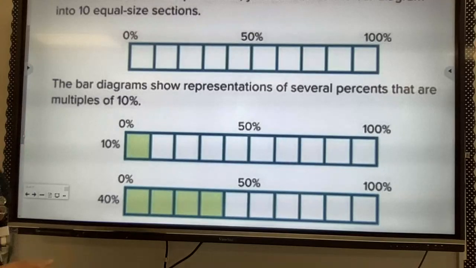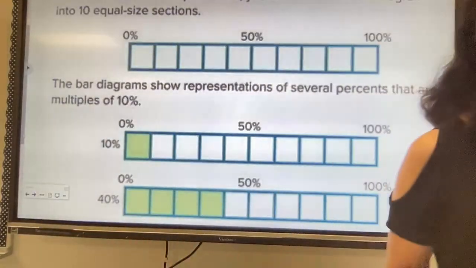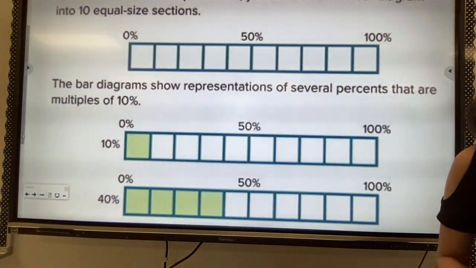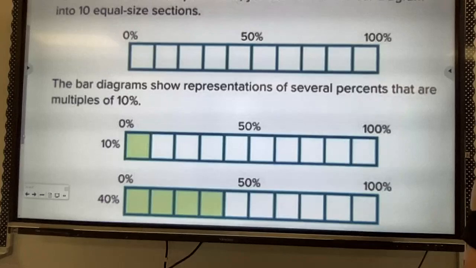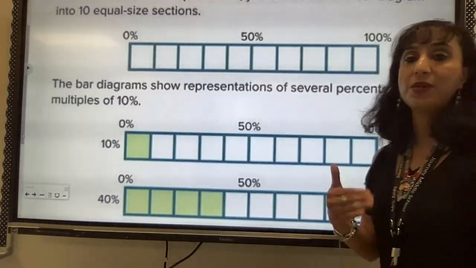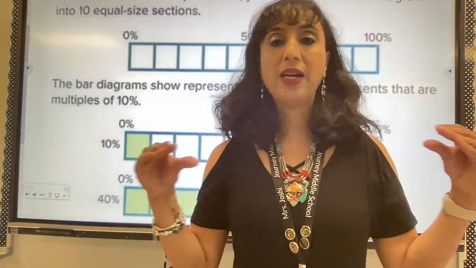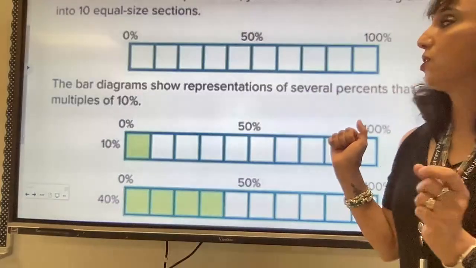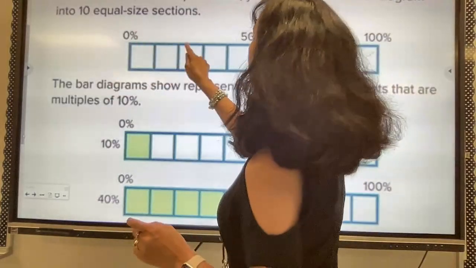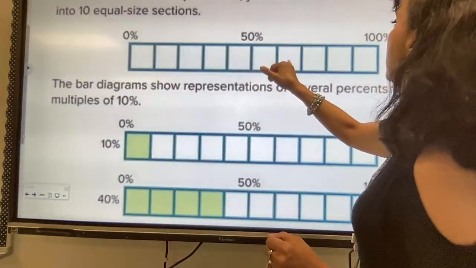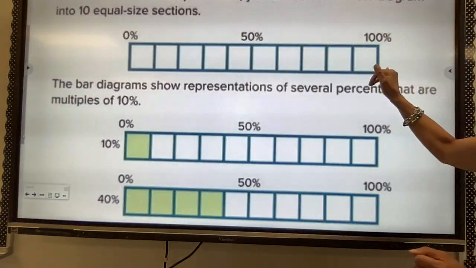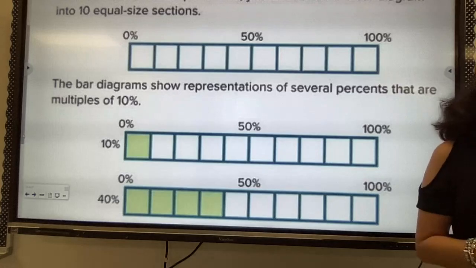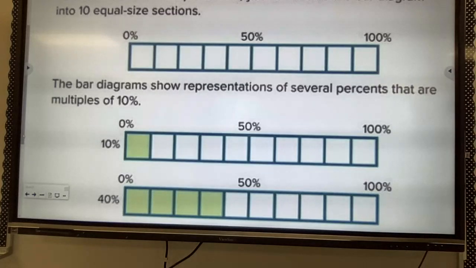To model 10% or a multiple of 10%, you can take the bar diagram and divide it into 10 equal sections. So we have 0% here, then 10, 20, 30, 40, 50, 60, 70, 80, 90, 100. So 10 equal sections. That's how the bar diagram is broken up.